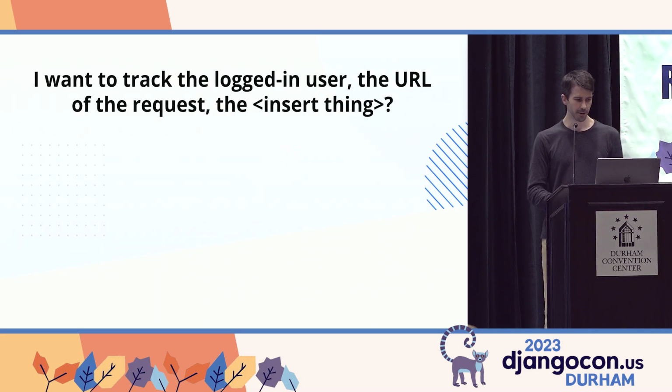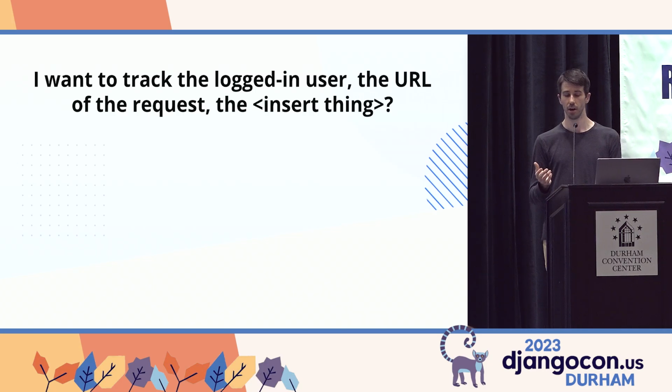And finally, I'm going to go into more detail about this because this is a fundamental part of the library, and it's the last fundamental part I'm going to talk about. But the biggest burning question is, well, I'm tracking all these events, I'm tracking all these changes. How do I associate the change with the logged in user that hit a button on the admin, or the user that was the authenticated user of an API request?